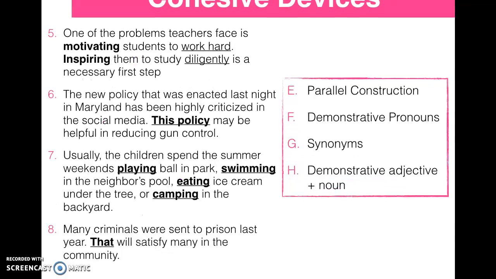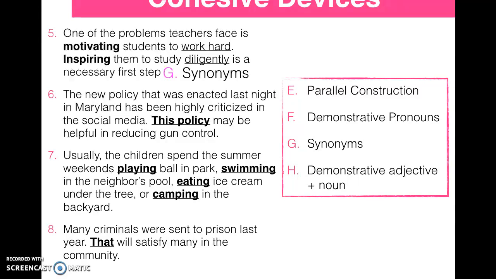Let's look at some more. So again, try to match the examples on the left to the terms on the right. The first one we can see is an example of just using synonyms: working hard, diligently, motivating, inspiring. These are synonyms of each other. They have very similar meanings but are different words.